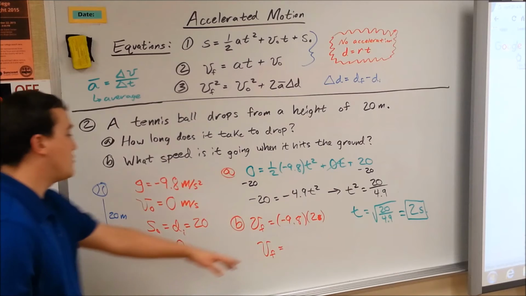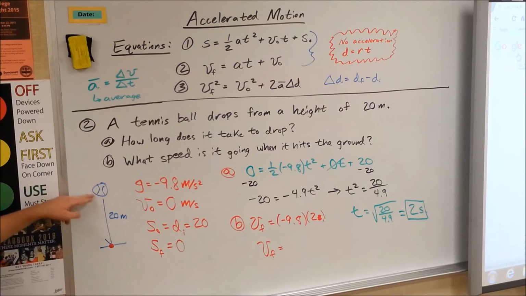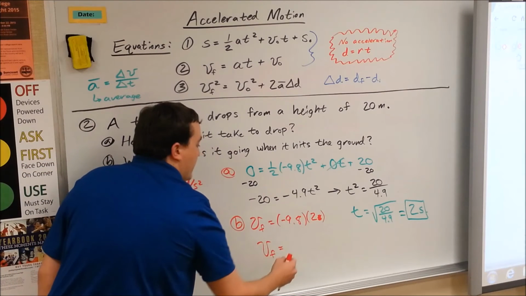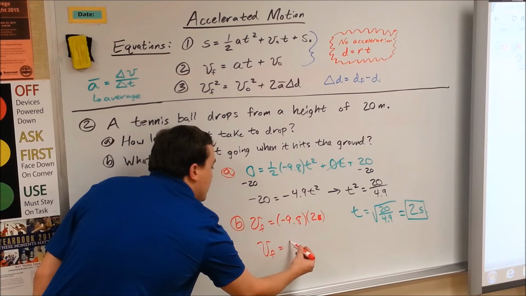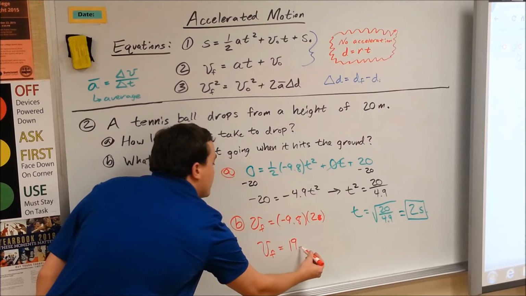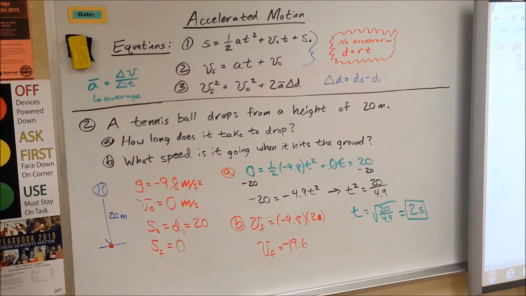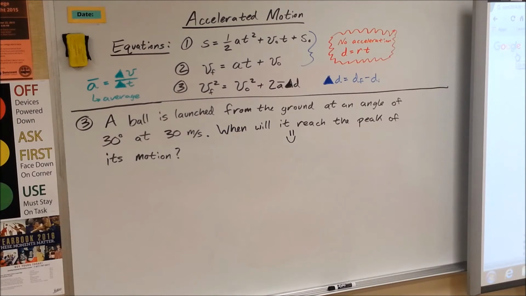We use the 2 seconds because we know how long it took to drop that 20 meters. It took about 2 seconds. So 2 times 9.8 is 19.6, and it's negative because it's falling towards the ground.